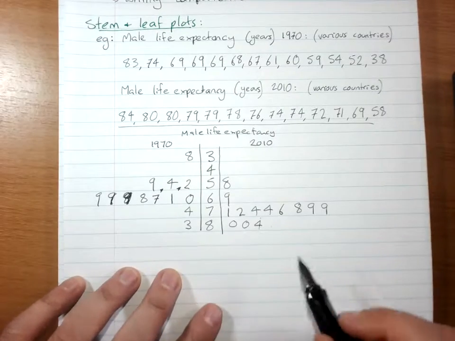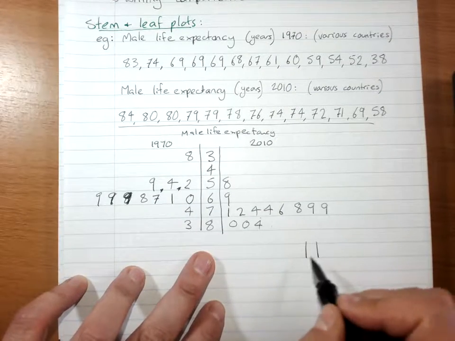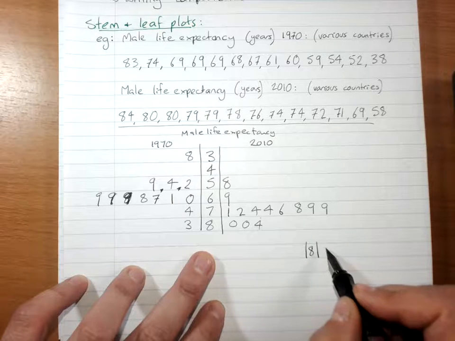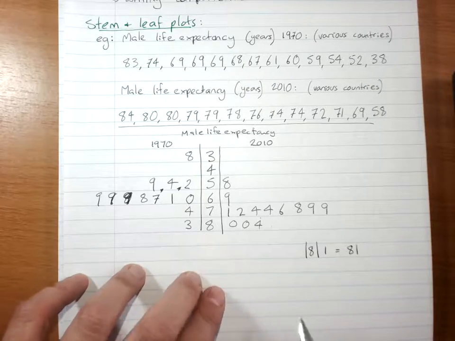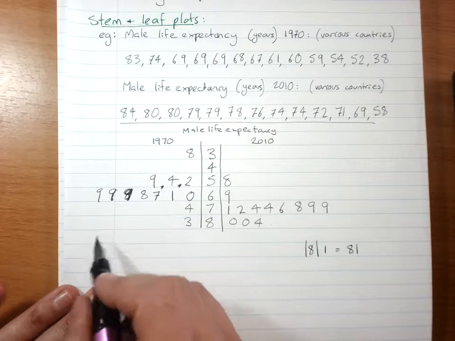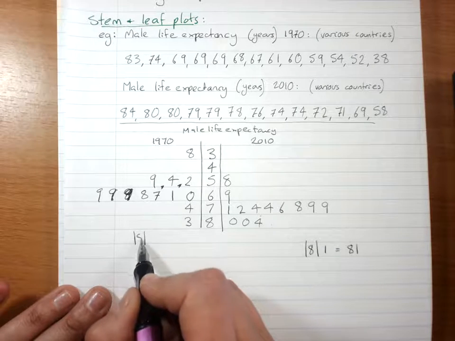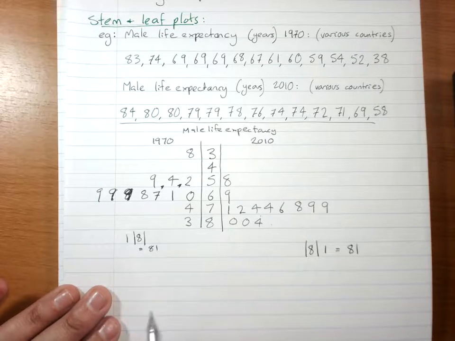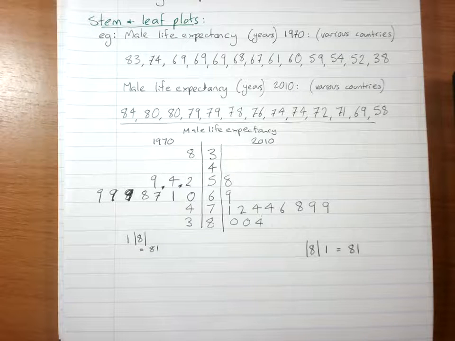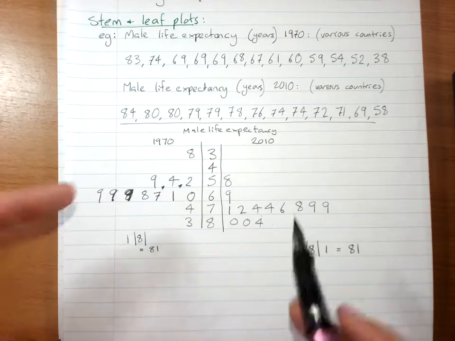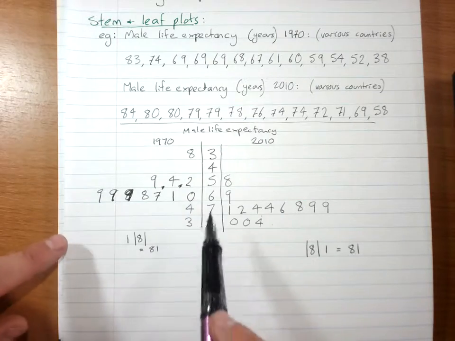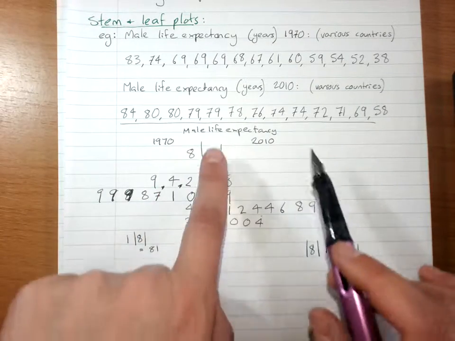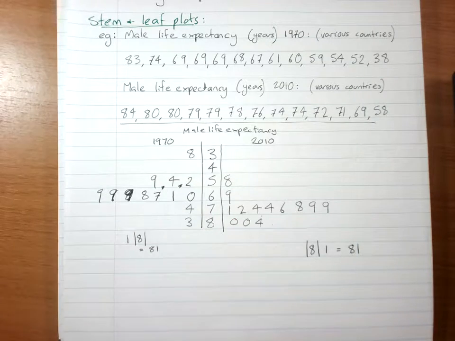You'd do your key and it has to be two different numbers, so that would be 81, and it's not a bad idea to pop a key over here as well. It's a little bit hard to read back-to-back stem and leaf plots at times. So that's a back-to-back stem and leaf plot. Make sure you have the titles of both sides, and you can see very clearly from this that life expectancy overall has risen a lot in 2010 compared to 1970.